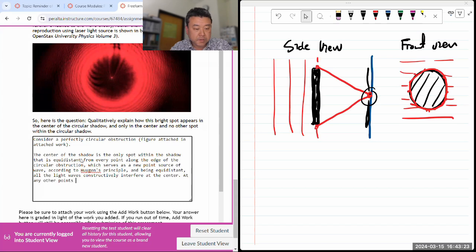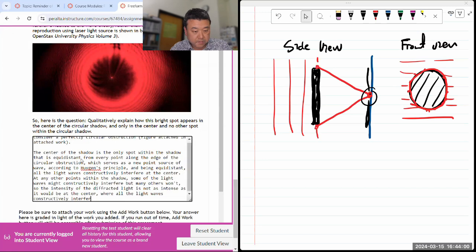At any other point within the shadow, some of the light waves might constructively interfere, but many others won't. So the intensity of the diffracted light is not as intense as it would be at the center, where all the light waves constructively interfere.